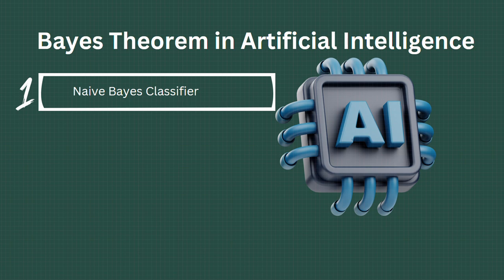Suppose there is a mail which might be spam, or it might not be spam. So we will look for hints, and suppose there are words like free, win, and prize written in the mail, and it is a high probability of being spam. So we'll do spam filtering. We can do sentiment analysis on a post like a Facebook post.